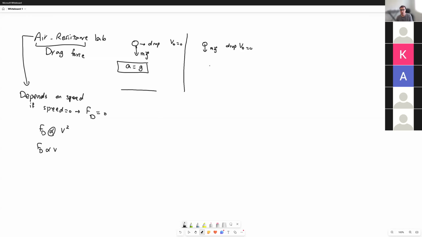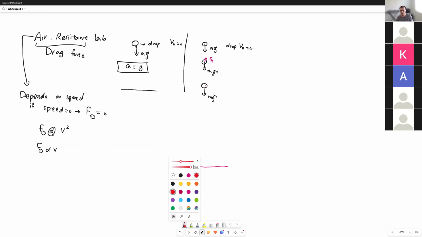Okay, so if we were to think about the free body diagram, a teeny tiny time after the drop, there is going to be mg. mg doesn't change, of course, it comes from planet Earth, and there is going to be a teeny tiny F_D. And as the object is moving down, air resistance increases. It's not constant.